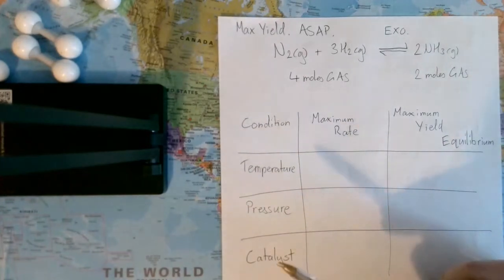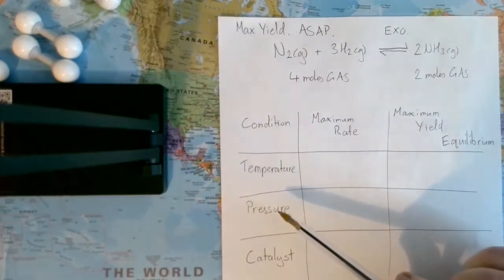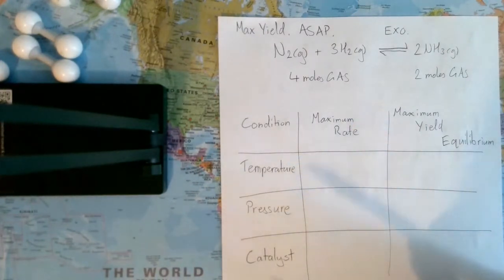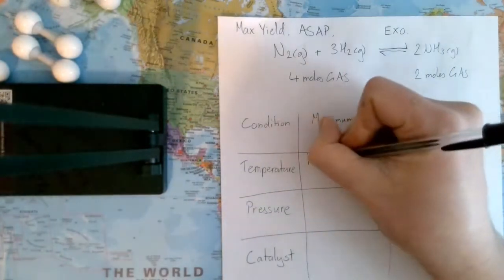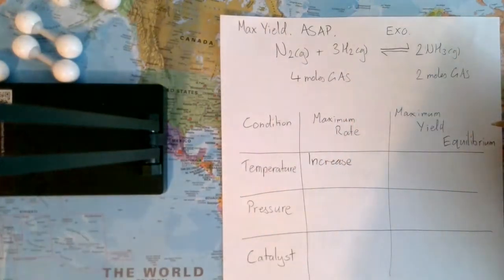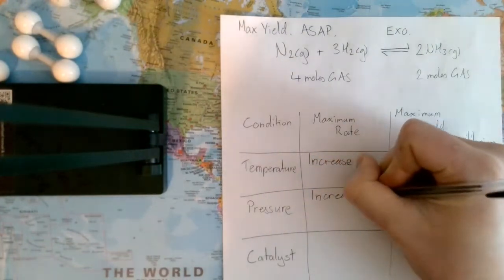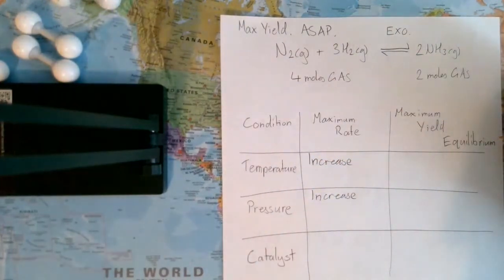If you want to pause and just take a moment just now and think, what would you do to the conditions of temperature and pressure to get the maximum rate? So hopefully you came up with the idea that you would increase the temperature no matter what the reaction is to get a higher rate, and you would increase the pressure no matter what the reaction is to get a higher rate.